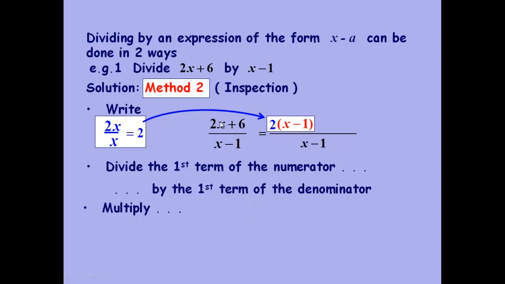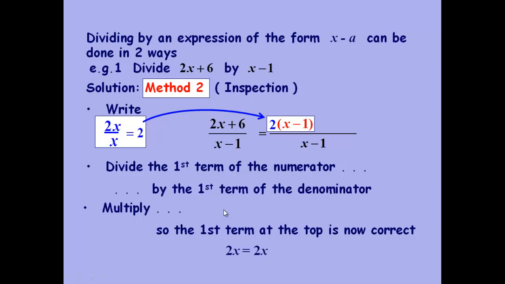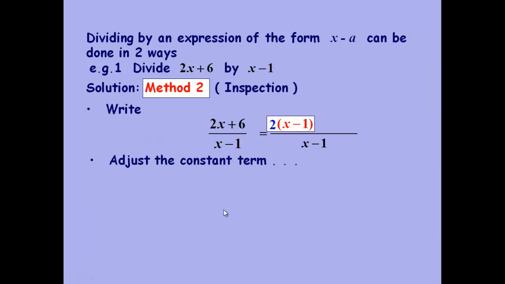So on the left hand side we've got 2x plus 6. On the right hand side we've got 2x minus 2. So the first term's correct, but the constant term we need plus 6, we've got minus 2, so here we need plus 8 to make the right hand side equal the left hand side.